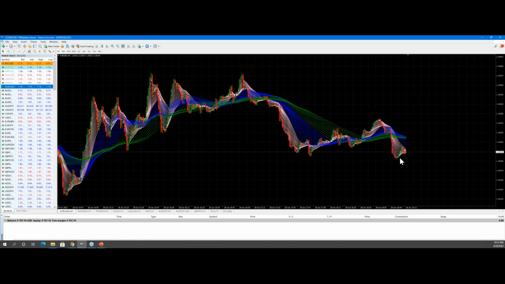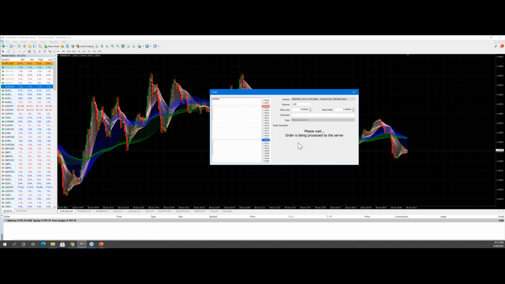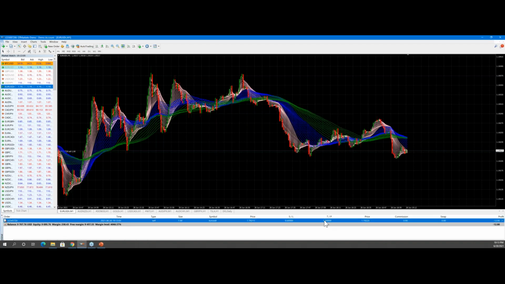So you can see here that the pink is below the blue and the green. So this could be a sell opportunity. So you make a sell. And as I told you, the take profit will be 10 pips and the stop loss will be around 5 pips. For the stop loss, you have two main strategies.